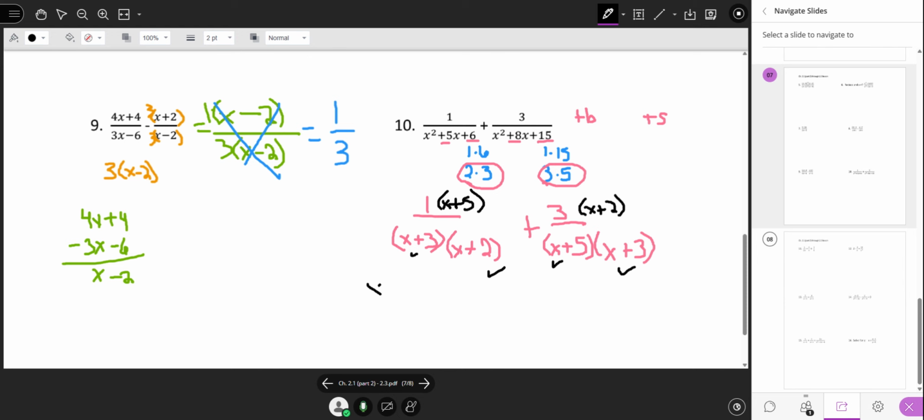So we get x, 1 times stuff, plus 5, plus 3x, plus 6 over stuff, your LCM. So 1 times stuff, x plus 5, 3 times x, 3 times 2. So now simplify. X plus 3x is 4x. 5 plus 6 is 11.